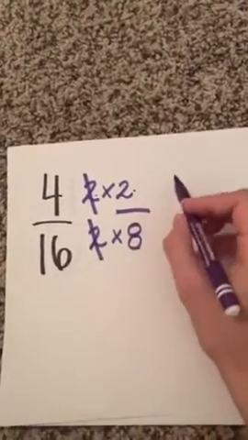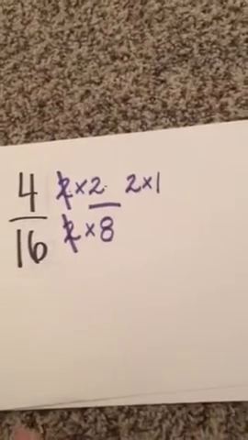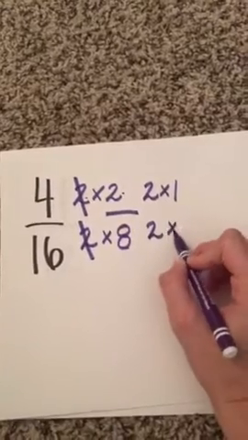I know that 2 can be thought of as 2 times 1. I also know that 8 can be thought of as 2 times 4.